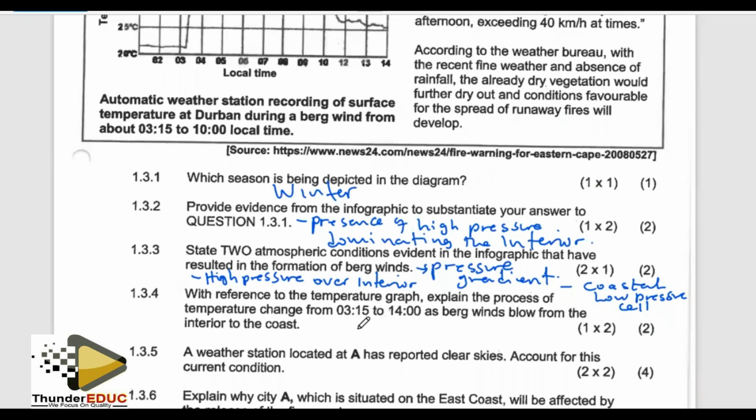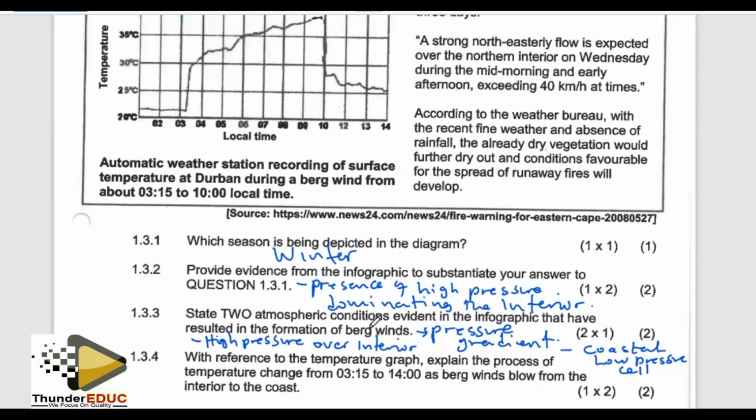So we need to look at the graph and try to explain what is happening regarding the temperature. Let's see the question once again. All right, let's check the graph here.